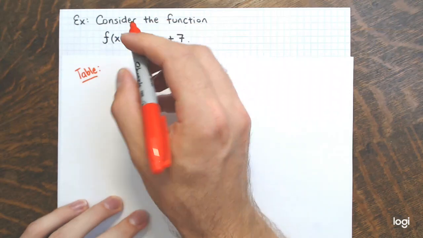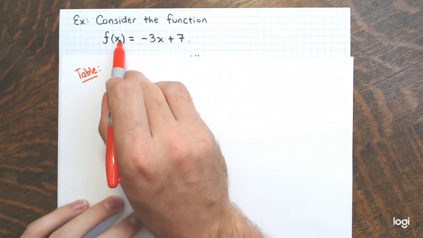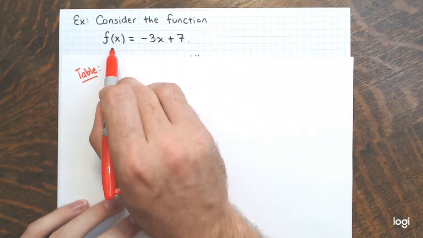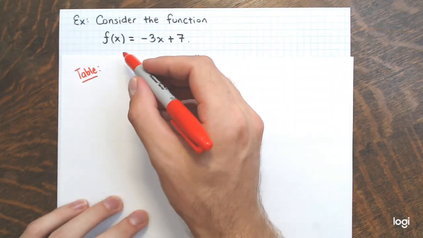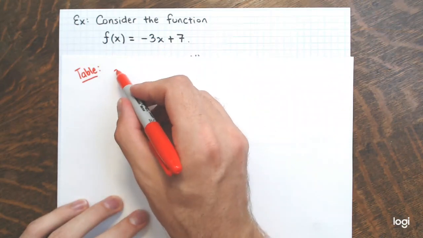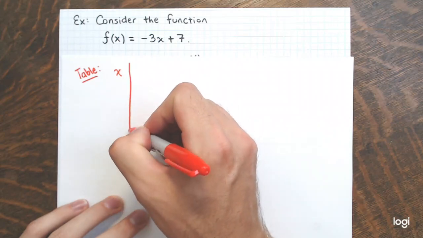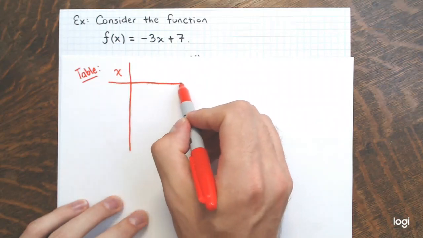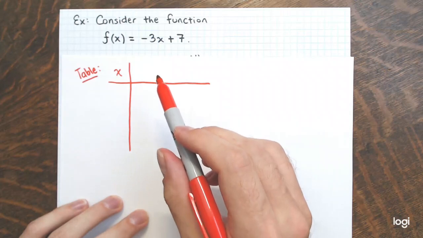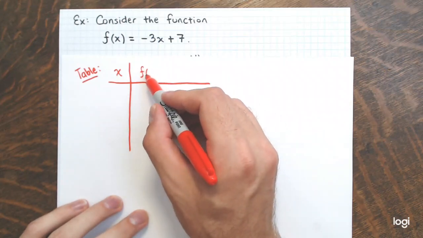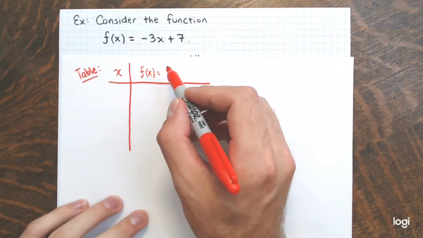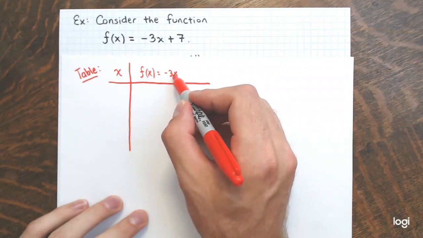where my independent variable is x. The thing in parentheses, that variable is my input, and then f is my output. F of x is the output, the y coordinate. So my independent variable is x, so I'm going to plug in values for x. So down one column, I've got values of x. Down the next column, I'm going to have outputs, what's the value of f at x, and I'll write the whole equation to show how it's calculated.